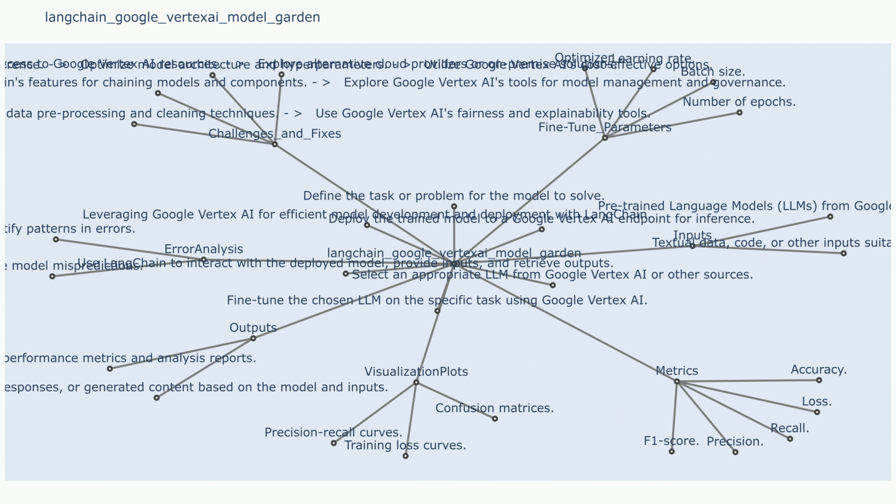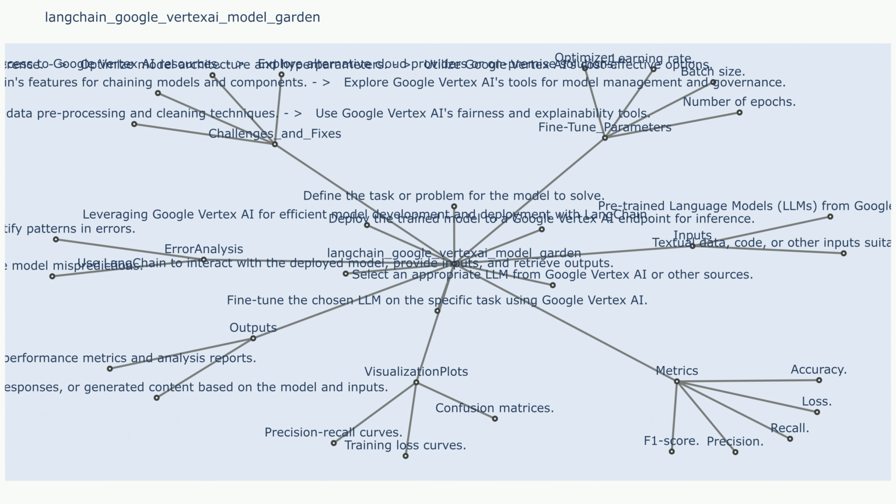Challenges and fixes. Challenge 1: limited data availability. Training a high-performing LLM requires a vast amount of high-quality training data. If the available data is limited, the model may not generalize well to unseen examples. Sample use case that resulted in Challenge 1: training a chatbot for a niche industry with limited publicly available data.